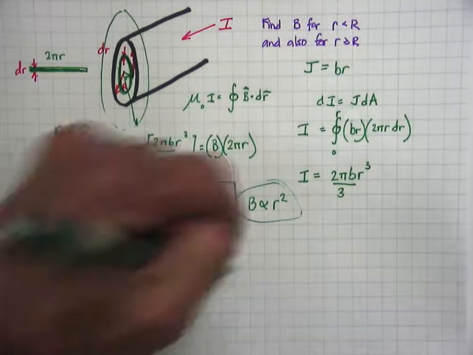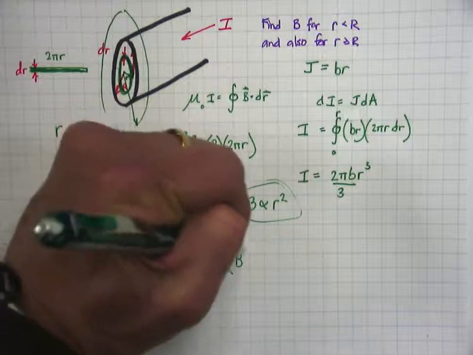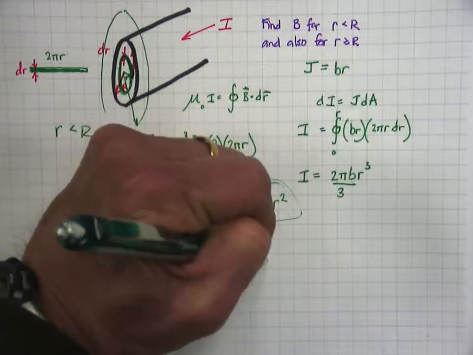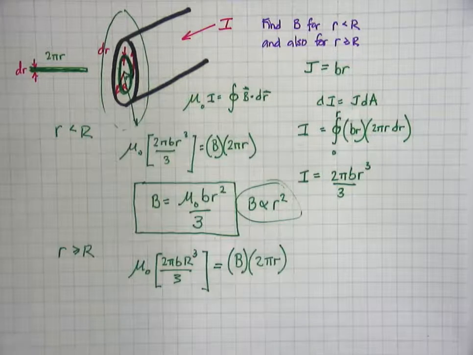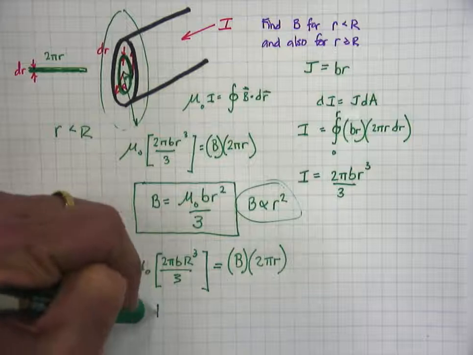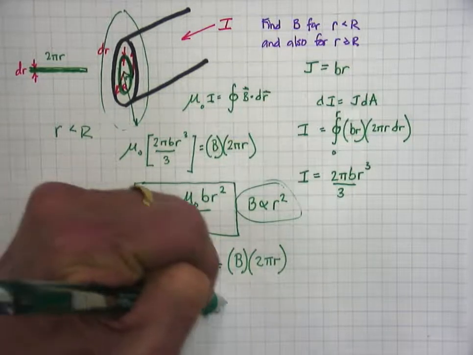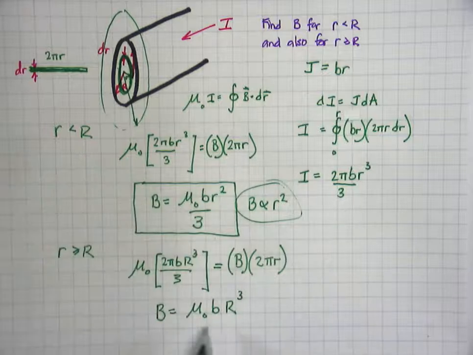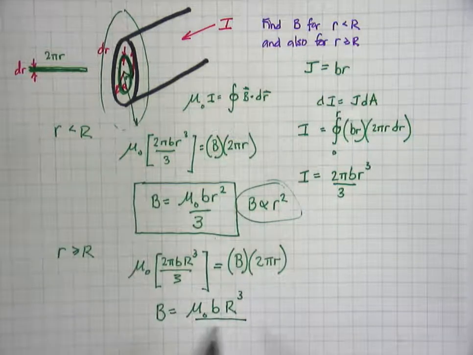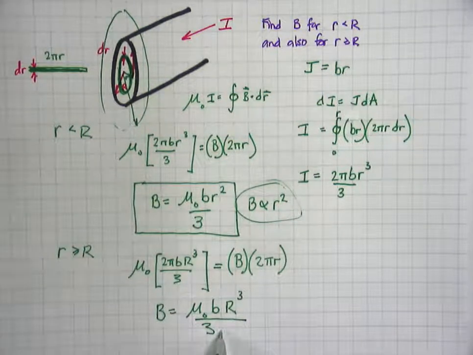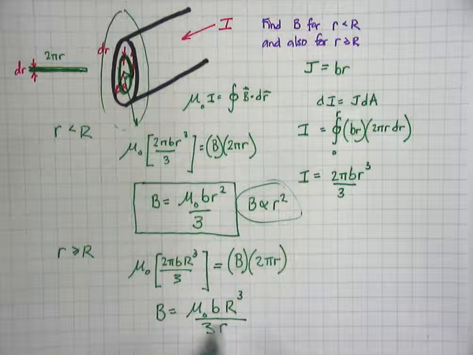And that is going to be, again, B times 2 pi r. That side doesn't change. And we can simplify. We end up with the magnetic field strength is mu naught times little b, which is a constant, times R cubed, capital R cubed, which is also a constant, over 3r.